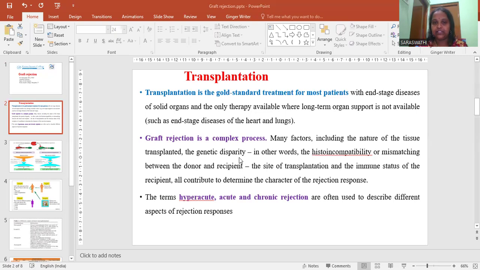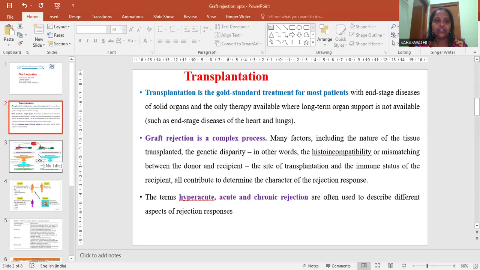Genetic disparity, that is, based on genetics, otherwise the major histocompatibility mismatch from the donor, are all factors that contribute to graft rejection. They occur in the form of hyperacute, acute, and chronic graft rejections. We'll discuss those next.